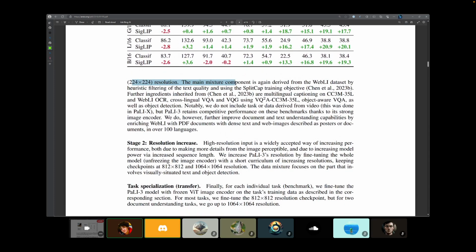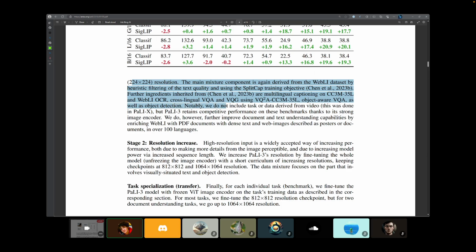The main mixture component is again derived from the WebLI dataset by heuristic filtering of the text quality, using the SplitCap training objective. Further ingredients inherit from our multimodal captioning on the CC3M-35L and the WebLI OCR, cross-lingual VQA and VQG using translated VQ2A-CC3M-35L, object-aware QA, as well as object detection.